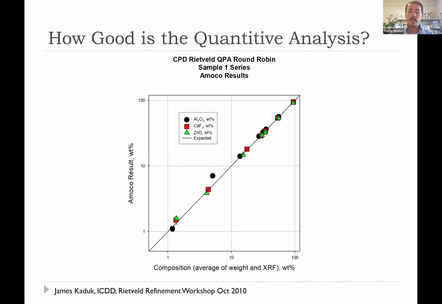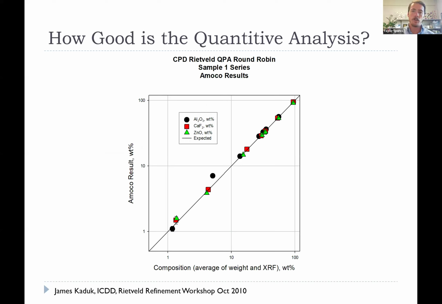And this works really well. So this is not my research. This came from a workshop I attended once back in 2010, where you can see this is from a round robin where I think NIST did this. It might have been somebody else. I'm pretty sure it was NIST, where they actually put together mixtures of alumina, fluorite, and zinc oxide in different ratios, and they mailed them out to a bunch of different participating labs.